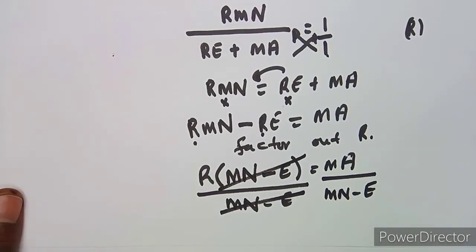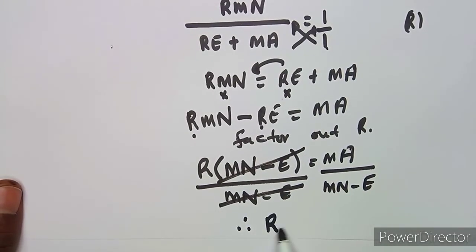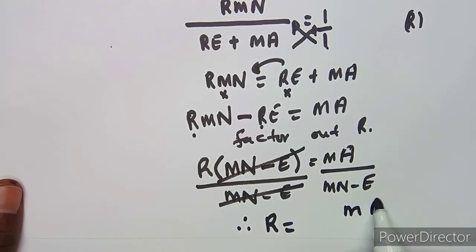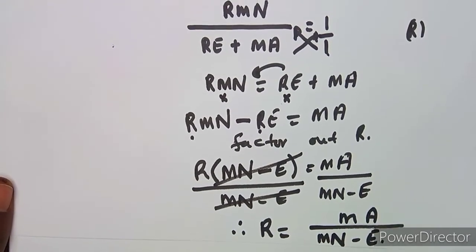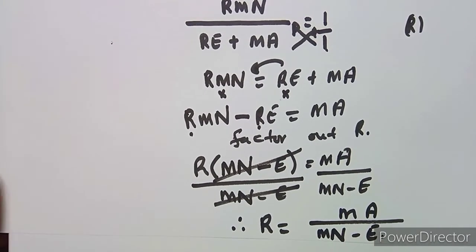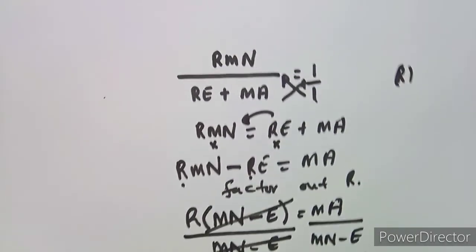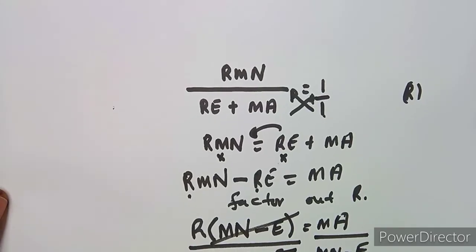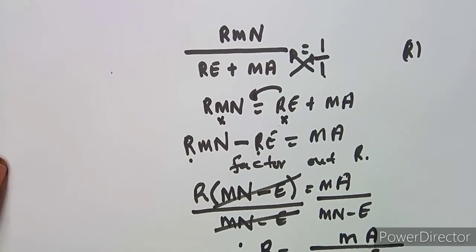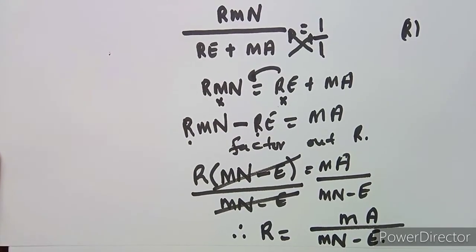All right, so therefore our R is going to be Ma over Mn minus E, like this. This is your R now as the subject of the formula from that. So as we can see, guys, these are the stages that you were supposed to take there. You have to be just very, very careful with each and every step that you take.